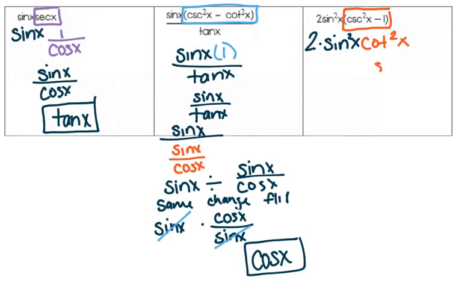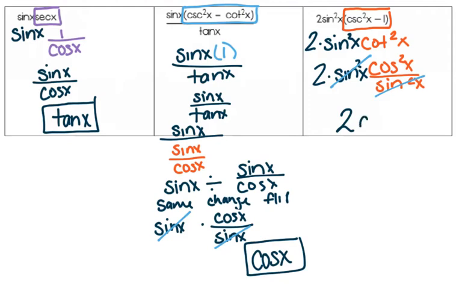So I'm just going to rewrite this, and everything else I'm just going to bring down so you can see it. Then notice what you have is sine squared on top, sine squared on the bottom. So really all you have left is a 2 in front and then a cosine squared x. There's really no further you can go with that, so it's complete.